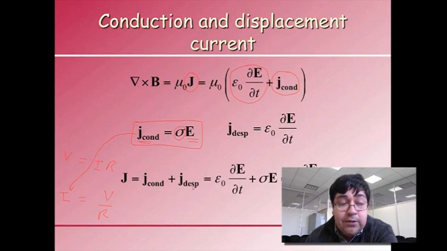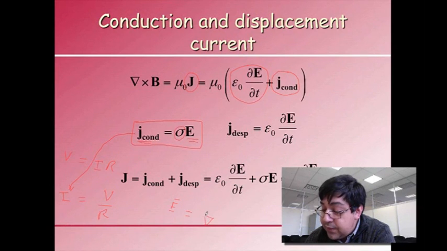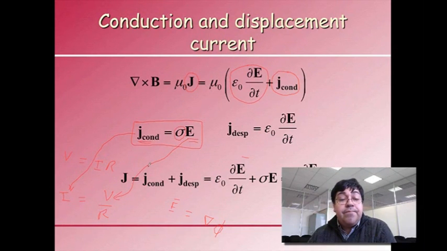Now, what about the voltage? Recall that the electric field is just the gradient of a thing that we call the electrostatic potential. So right away we see that this term right here is equivalent to the voltage in Ohm's law, and the only thing that's left is this conductivity term.